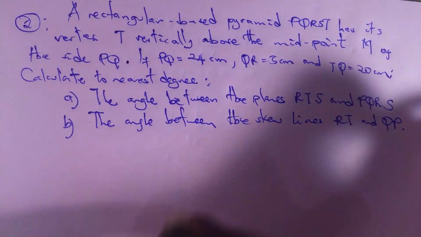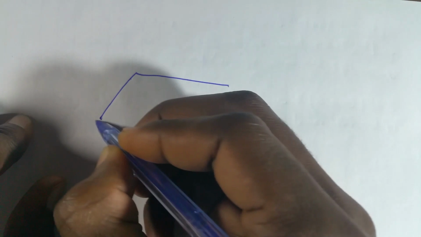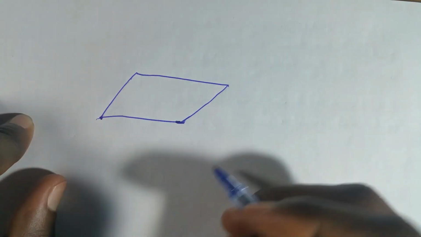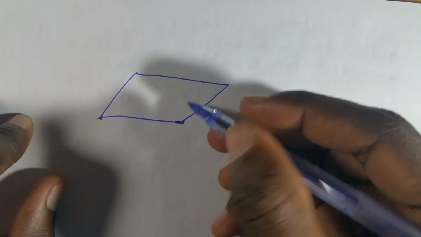Let's draw on the other side, so we'll do most of the work this side. It says a rectangular base pyramid, so let's draw the rectangular base, something like that.